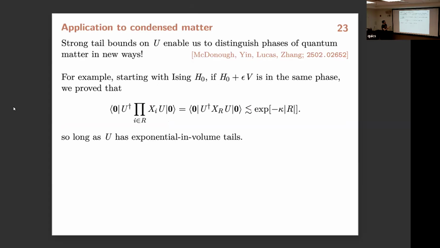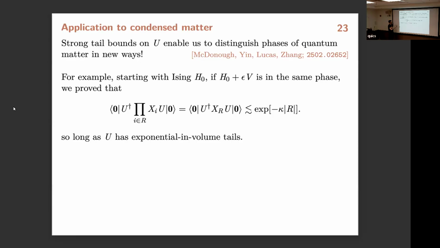If we take an Ising ferromagnetic phase, we proved that if you have this exponential in volume tailed U, something called the disorder operator, which is the product of Pauli X's, namely the symmetry operator of the Ising phase, multiplied in some region R, then any state which is connected to the Ising fixed point by this unitary U will have an exponential in volume suppressed disorder operator.